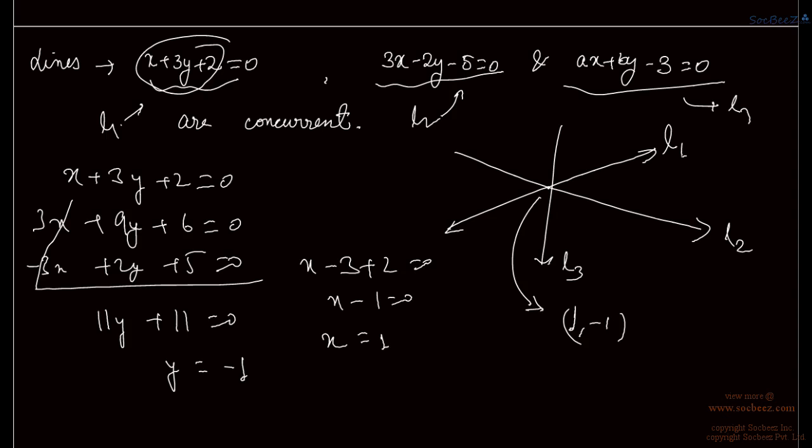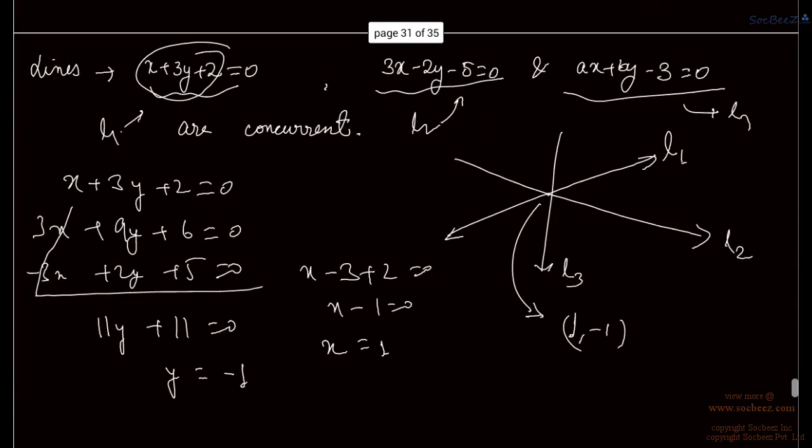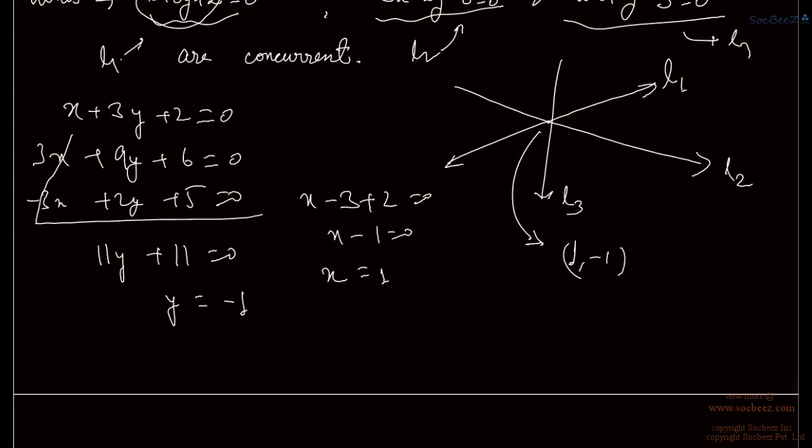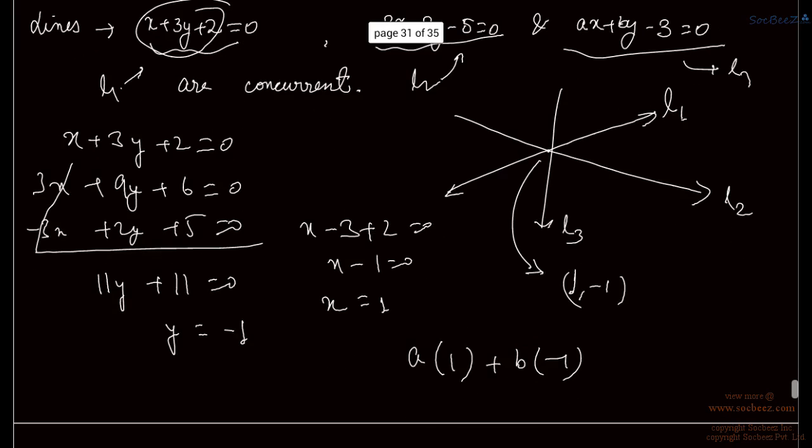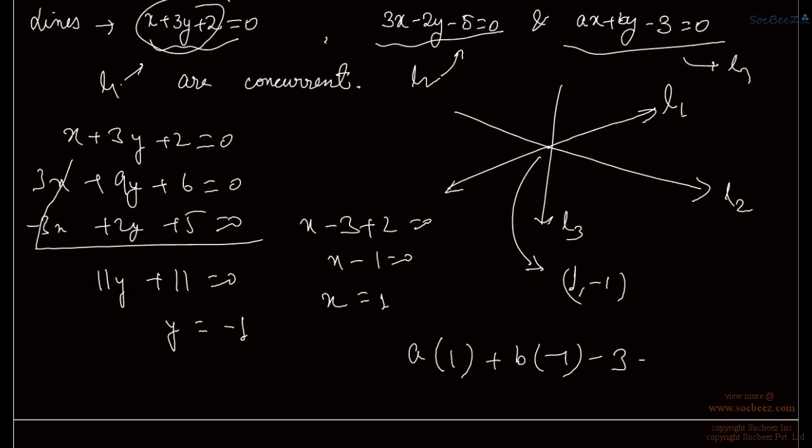Since ax plus by minus 3 is equal to 0 is concurrent with these two lines L1 and L2, this point also lies on this line, right? So we have a times 1 plus b times minus 1 minus 3 is equal to 0, or a minus b is equal to 3. So we have a relation between a and b, that is a minus b is equal to 3.